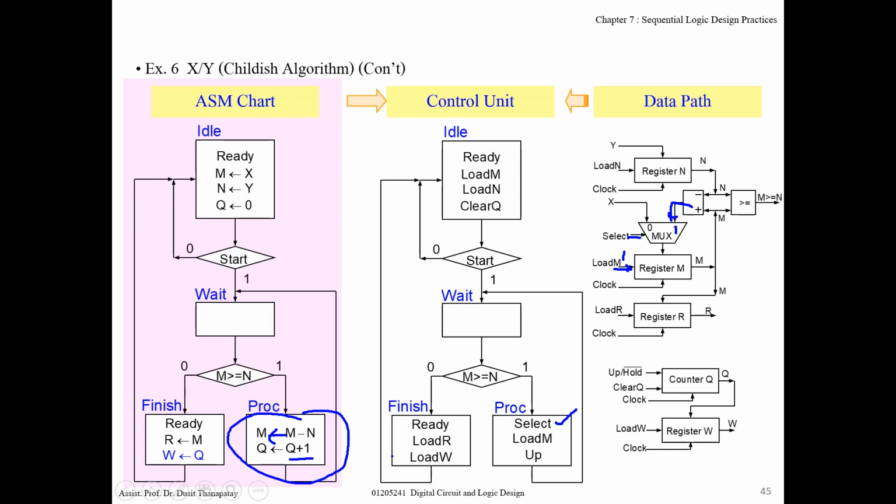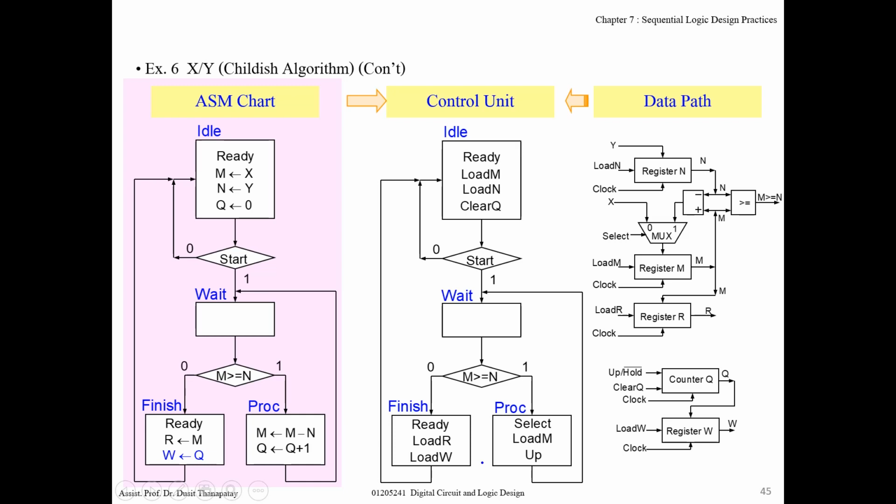Q plus 1, or count up, right? Count up, the enable input of the counter, must be active. And in state finish, load data from M and Q, right? That means load R must be active, and load W for register W, which reads data from Q, must be active. That's all.